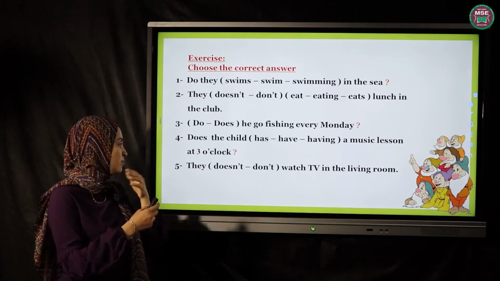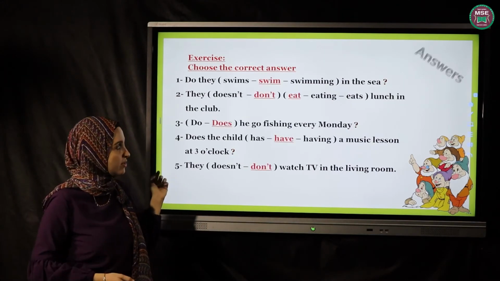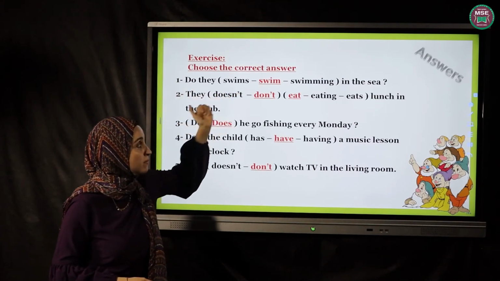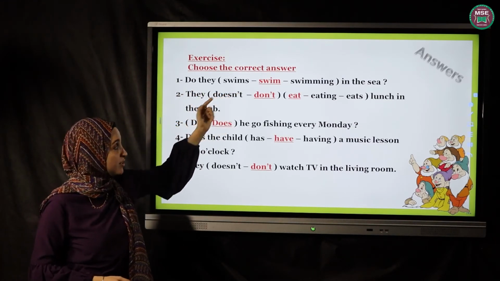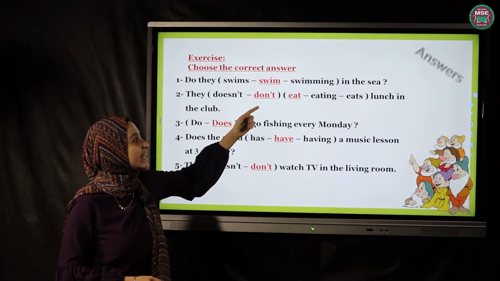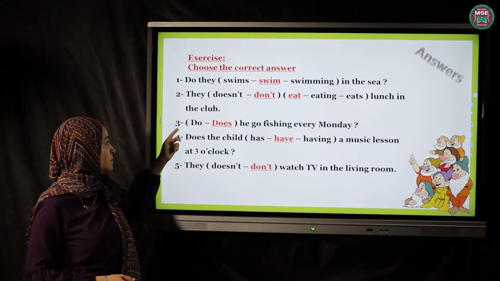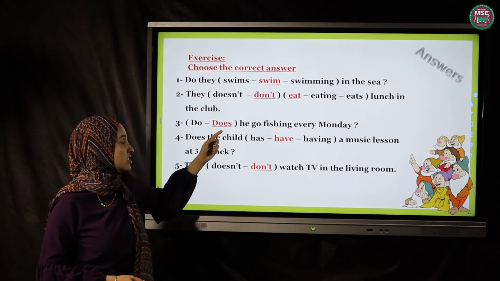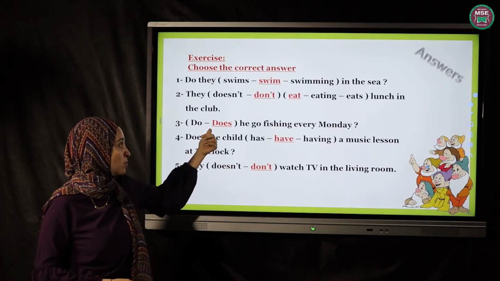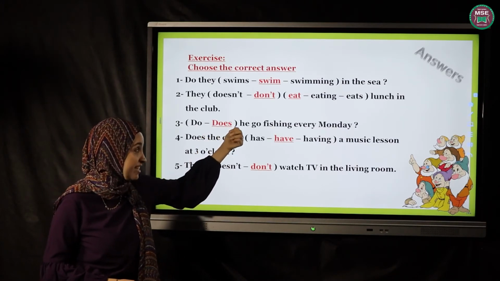I use don't because I have they. As you see here, do they swim? The verb is in the infinitive form. Number 2, they don't eat lunch in the club. Number 3, does he go fishing every Monday? Question mark. I started my question with does because I have he.